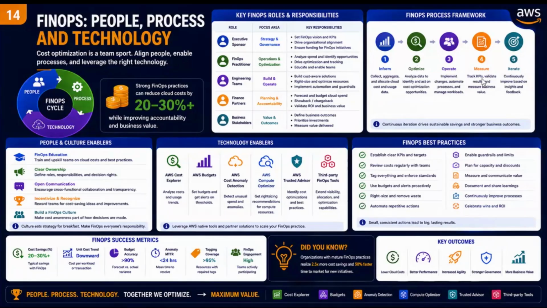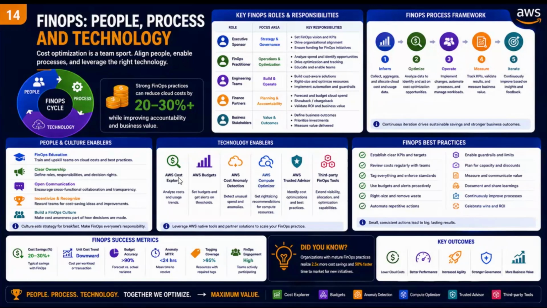So these are the steps with aligned individual roles. People and process align, and then you choose the technology to enable. So these three things together make a FinOps ecosystem.